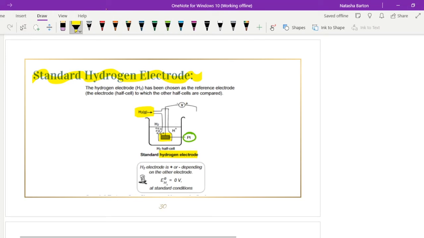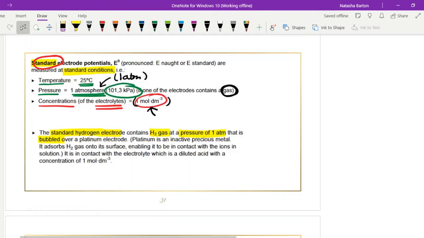Then it will be bubbled over a platinum electrode. Now, platinum is an inactive metal. It will not take part in the reaction.